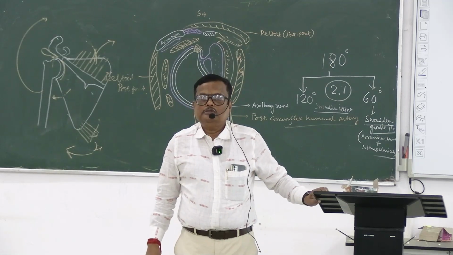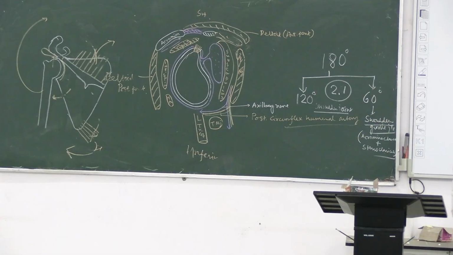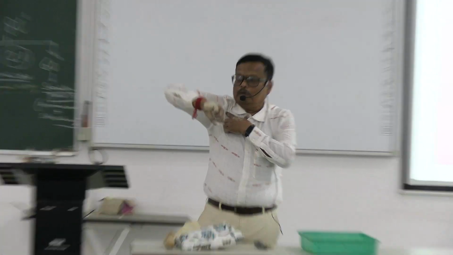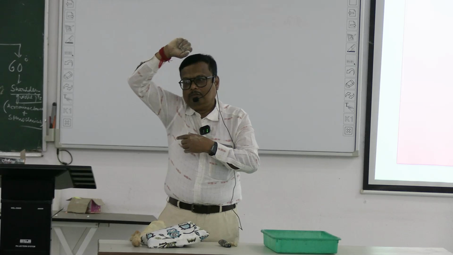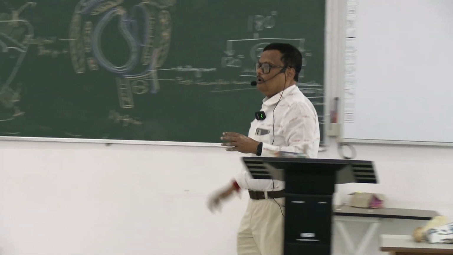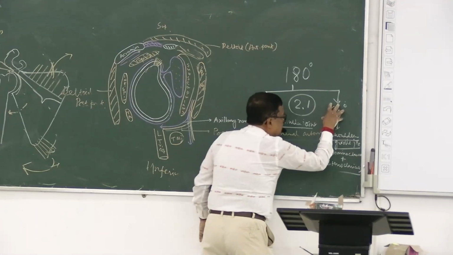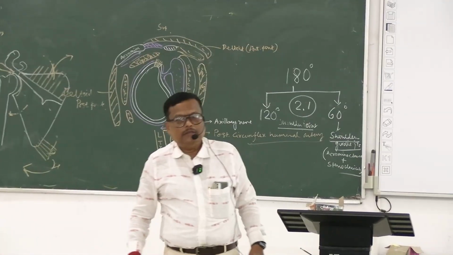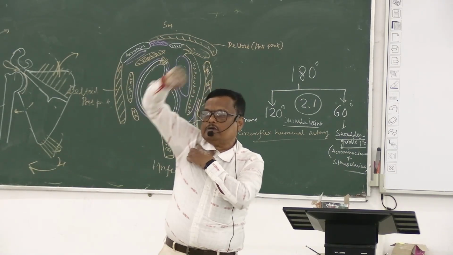scapulo-humeral rhythm. Scapulo-humeral rhythm. This does not mean, now be clear, that the shoulder joint moves up to 120 degree, then the shoulder girdle moves and it becomes 180 degree. No, it occurs from the very beginning. Let me clarify again, what I have told: 120 degree occurs in the shoulder joint and 60 degree occurs in the shoulder girdle joints here. It does not mean that first we do the 120 degree in the shoulder joint, then this joint acts and we got overhead.